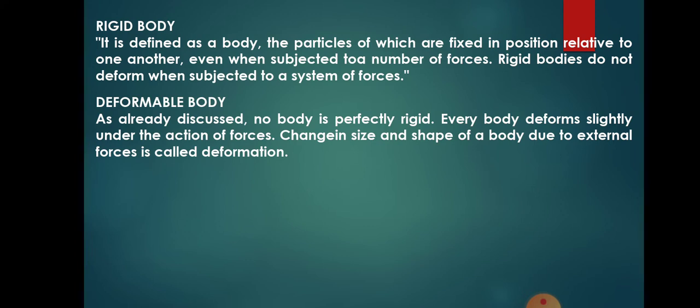I already told you that it is an assumption; we assume the body is rigid, but actually it is not possible to have a rigid body. Every body deforms slightly under the action of force. Change in size and shape of a body due to external forces is called deformation. Even brittle material also deforms a little bit before breaking.